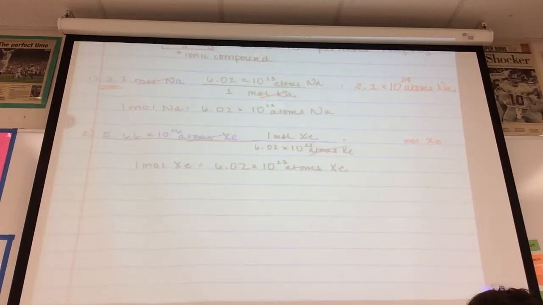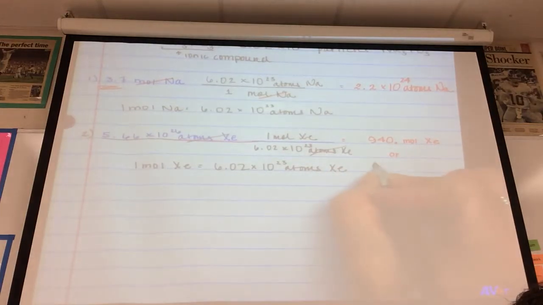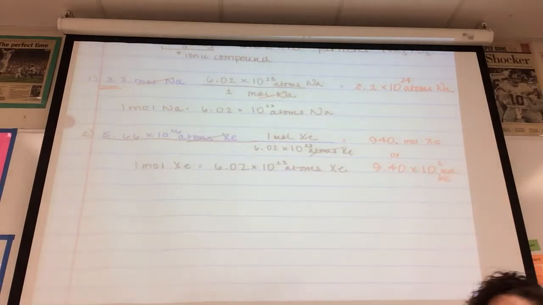If you look at your quantities, you'll have a much better inkling as to whether you set the problem up properly. 3 sig figs is going to be 940 moles. Or you could use scientific notation if you prefer. Whatever rocks your world is fine.